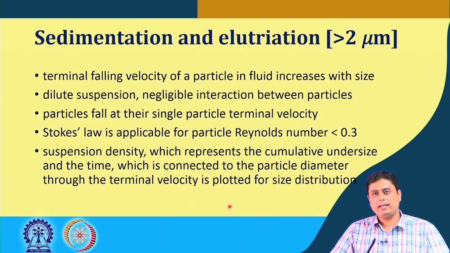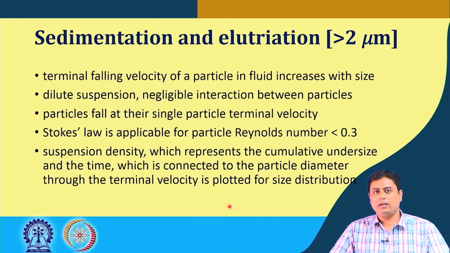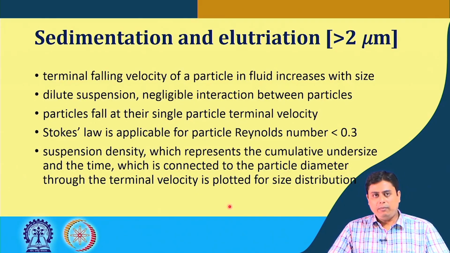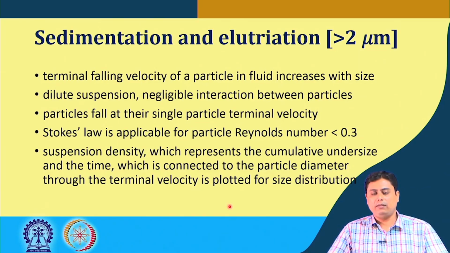Let us say, if you take an example, you have a dilute suspension in a liquid, and the particles are falling past a certain plane on the vertical axis. You measure the concentration of the particles, and this suspension concentration or suspension density is basically the undersized particles which are falling with a terminal velocity, and the time it takes to reach that stage is directly related to the terminal velocity.